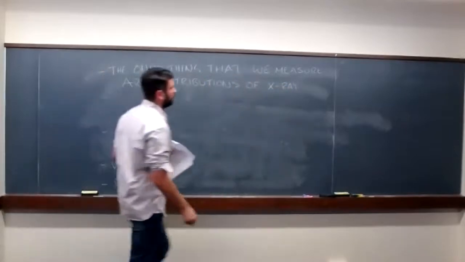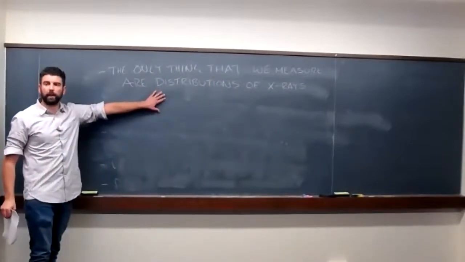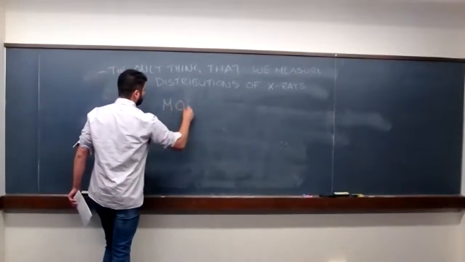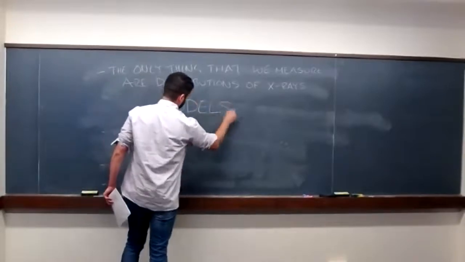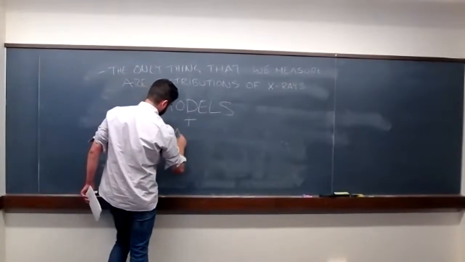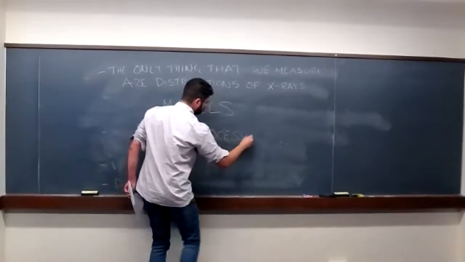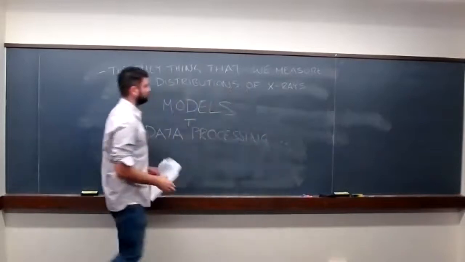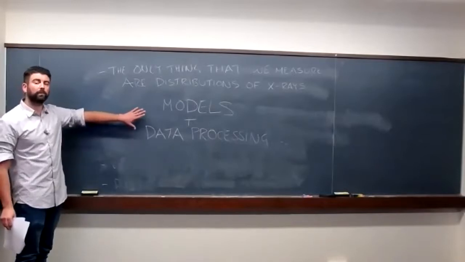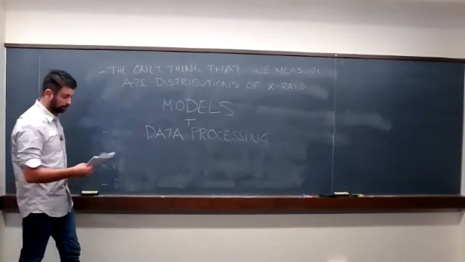So, to get from these distributions of X-rays to those quantities about the microstructure that I was just talking about, we're going to need models and lots of data processing. A lot of the X-ray experiments that we do are actually fairly straightforward. Where things get very complicated is how we process and interpret that data to get the quantities that we want.